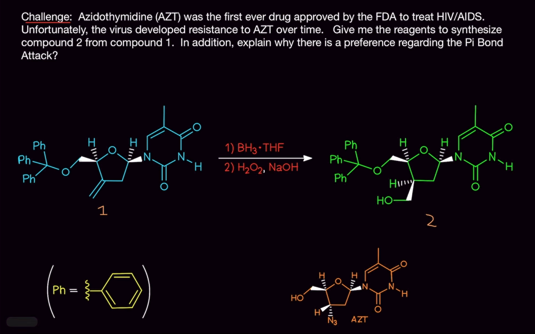The wedge, or facing outwards to us, is so cluttered. So when this reaction happens, there's no room for the pi bond to attack and do this whole reaction on the front face of it. It can only happen on the back face of the alkene, because that is not sterically hindered. There's space in the back side of the reaction.